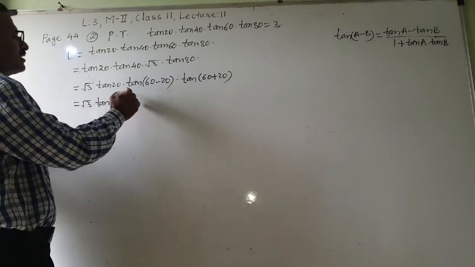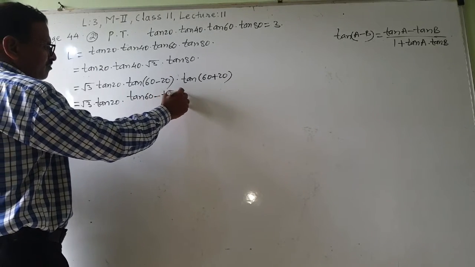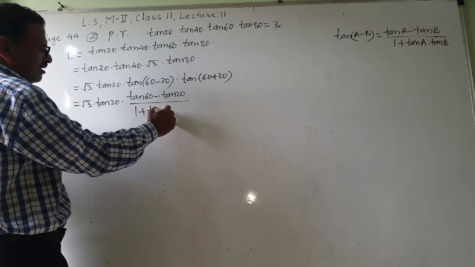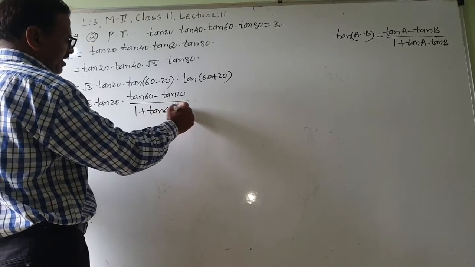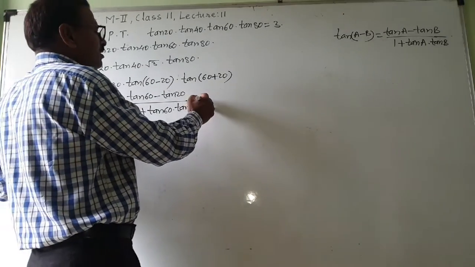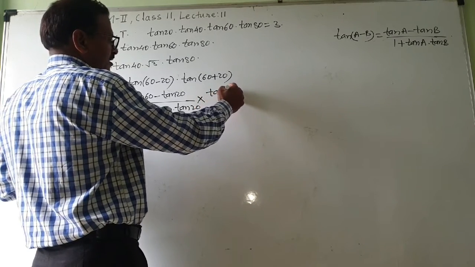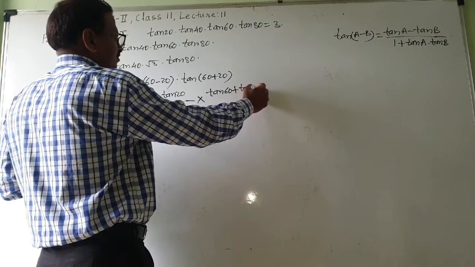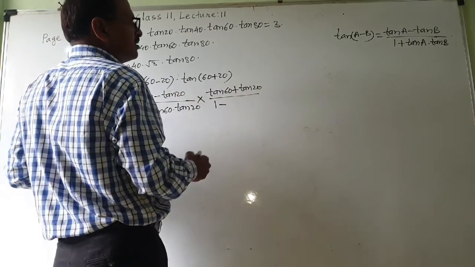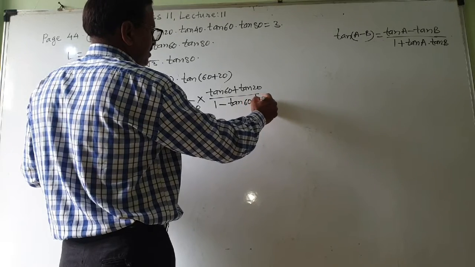So tan 60, that is nothing but tan of 60 minus tan of 20 upon 1 plus tan 60 into tan 20, into, now this also into tan of 60 plus tan of 20 upon 1 minus. If it is plus here, it will become minus. So tan A means tan 60 into tan B means tan 20.